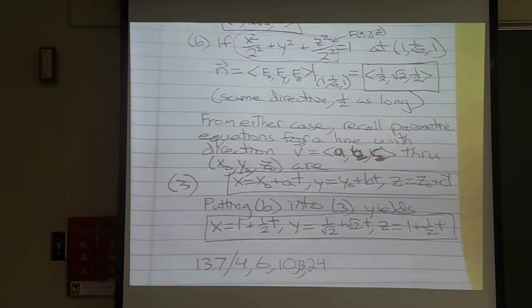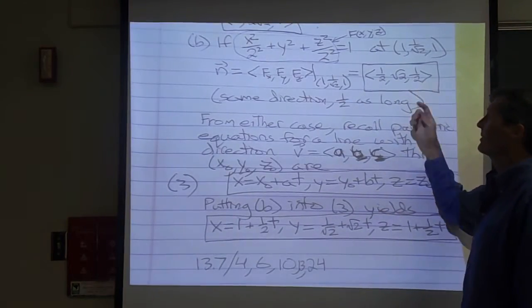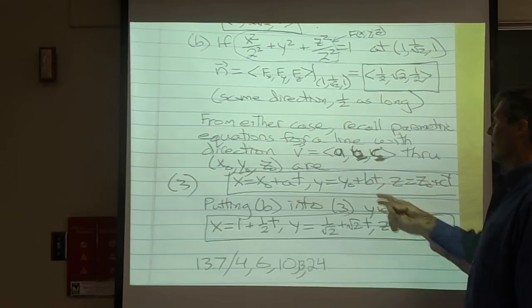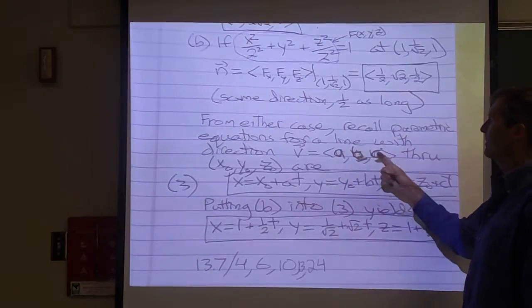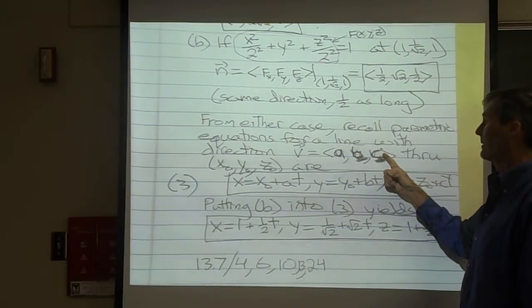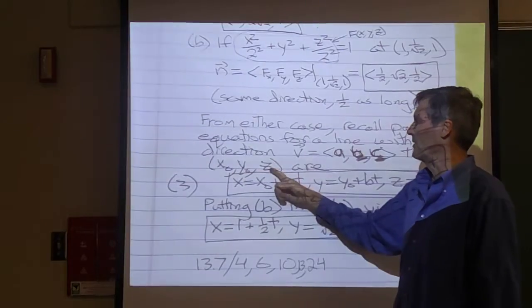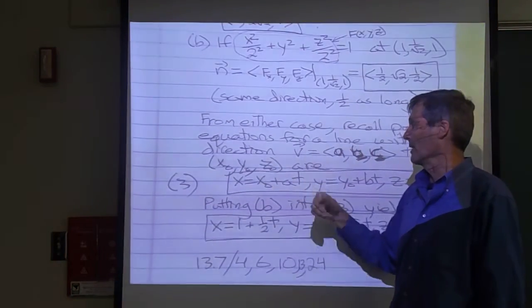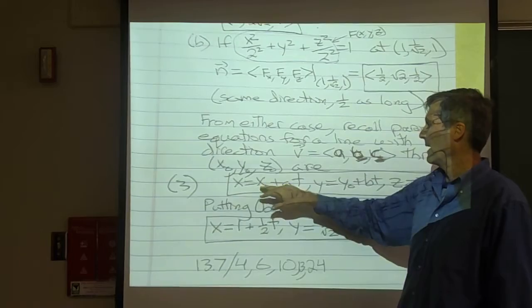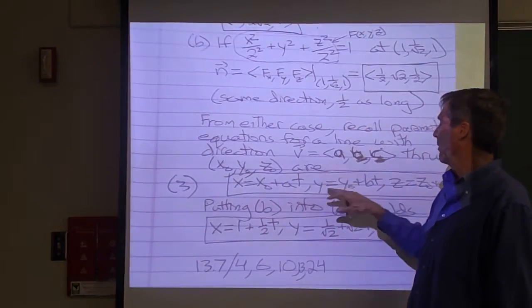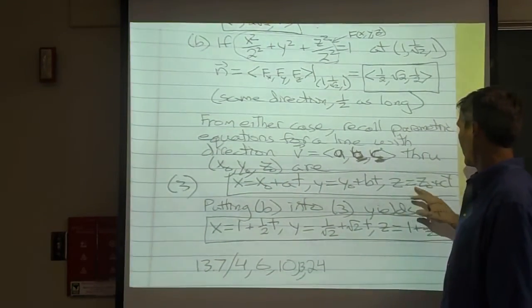The normal line, or a line with a given direction, n in this case, through a given point x0, y0, z0: if you have a vector a, b, c that's the direction of the line, and a point x0, y0, z0 on the line, you immediately write down parametric equations for the line. x equals x0 plus at, y equals y0 plus bt, z equals z0 plus ct.